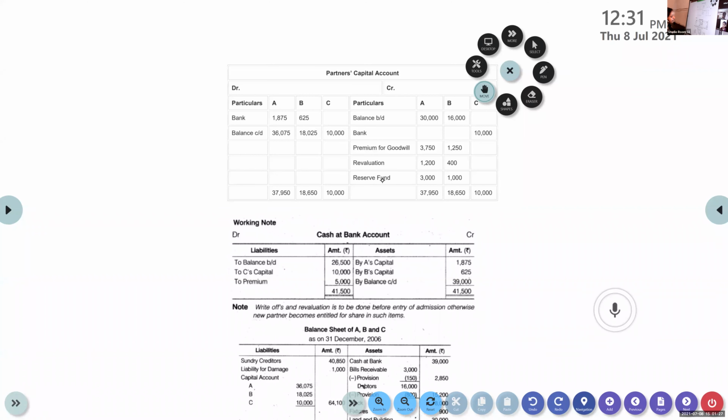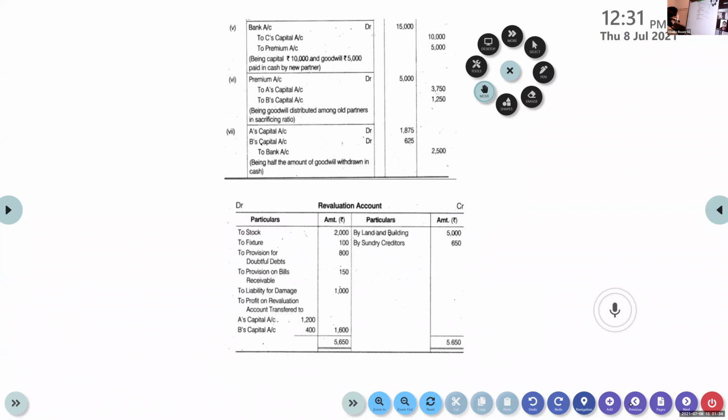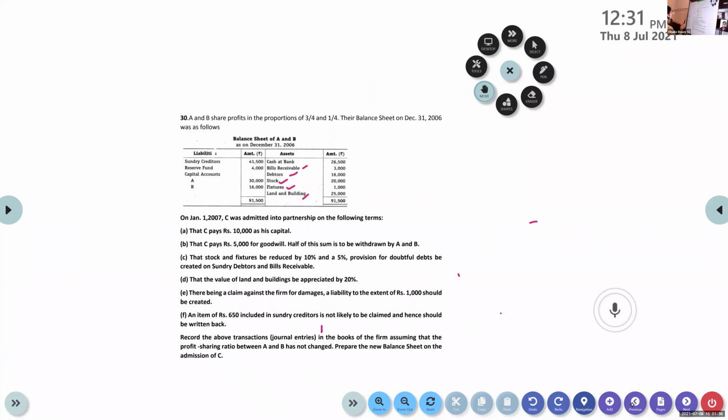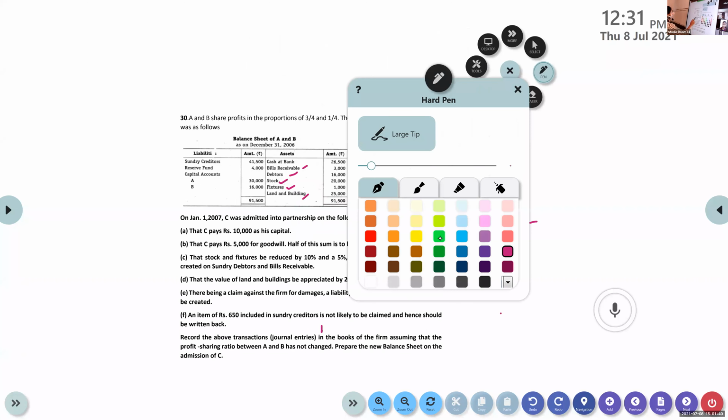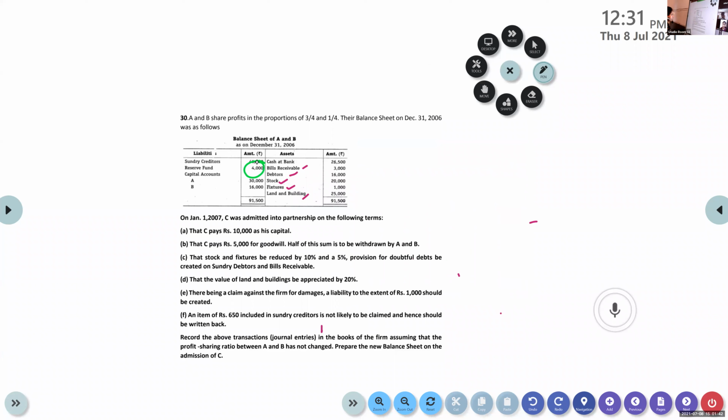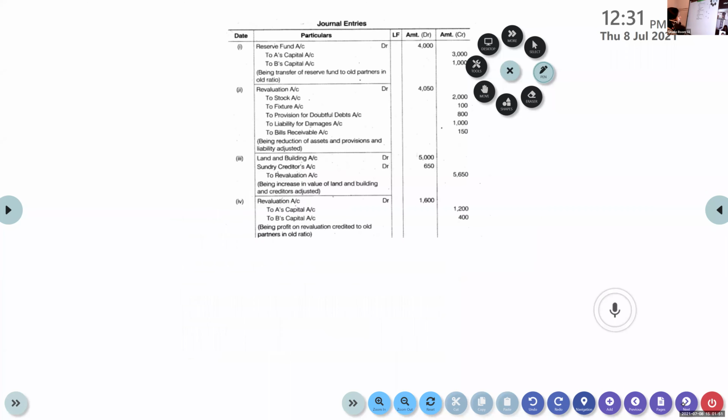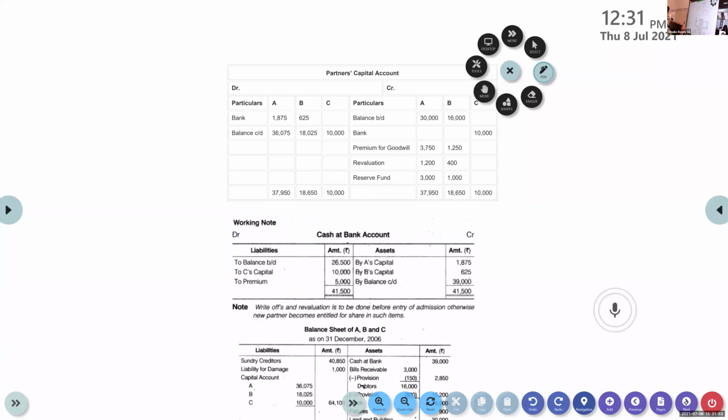Then what about the reserve fund? Already in the balance sheet, there is a reserve fund shown. Let me show the balance sheet. Okay, reserve fund, there is 4,000. This reserve fund is distributed to the old partners in the old ratio, 3,000 and 1,000.